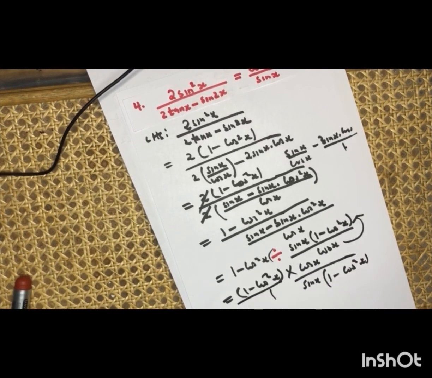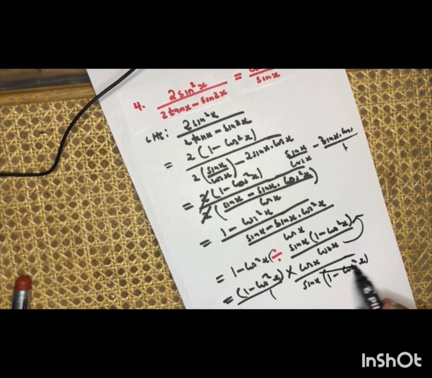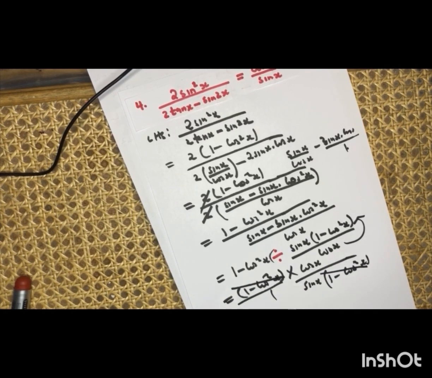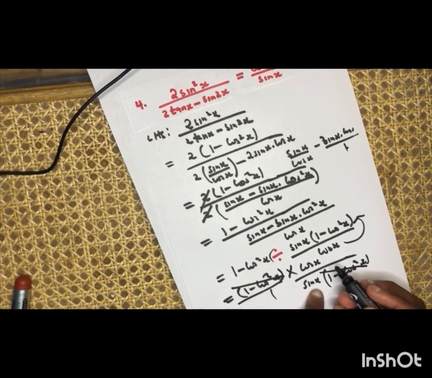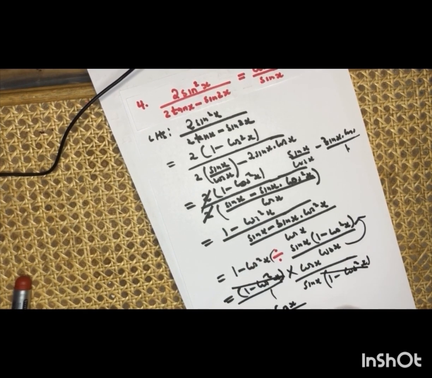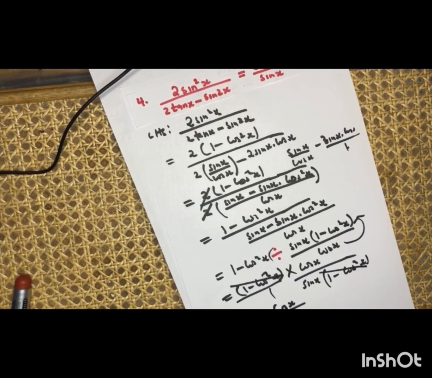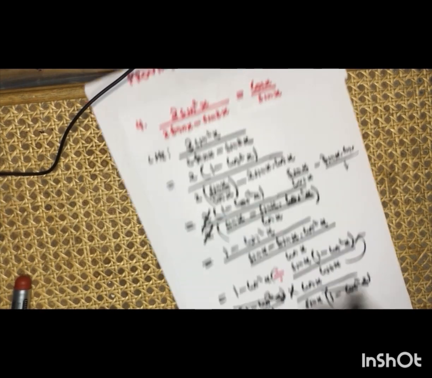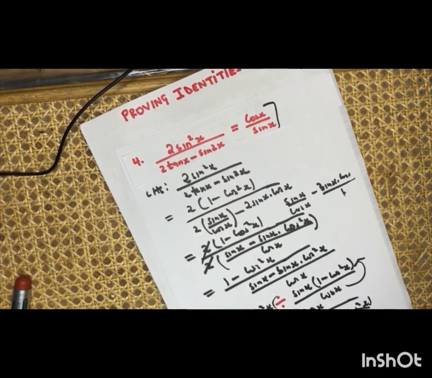So you have 1 here, good people. Can you see this one is going to cancel this one? Now you are left with cos over sine, which is cos x over sine x. Now we can conclude, because this is your final answer, which is the same as this one.